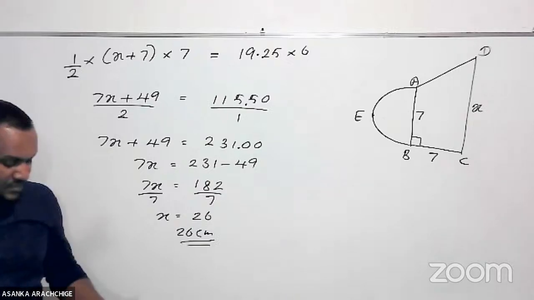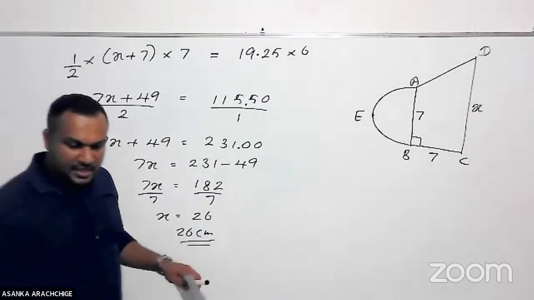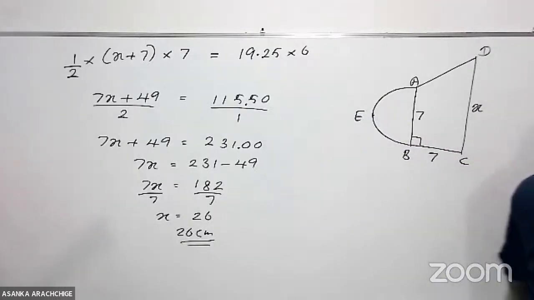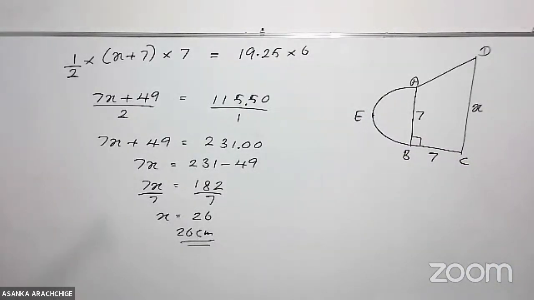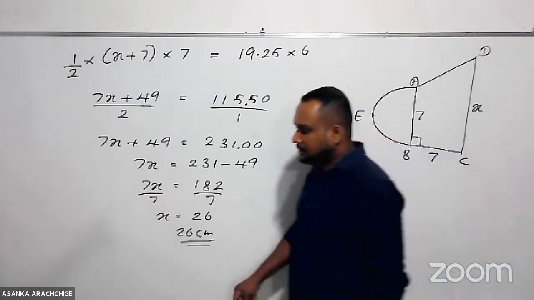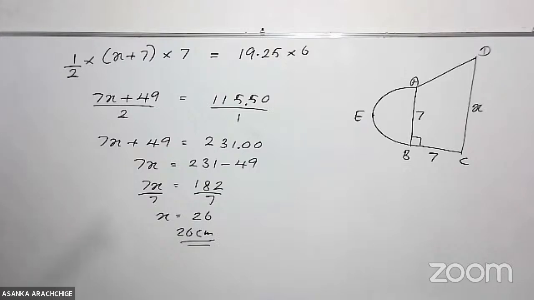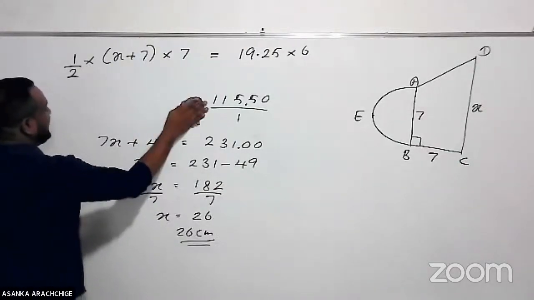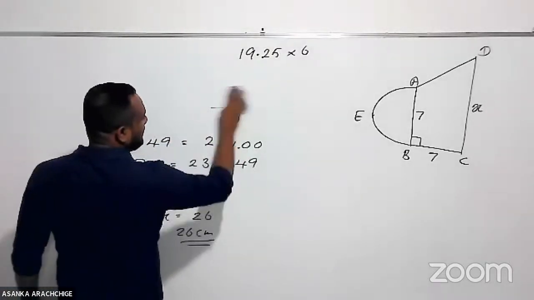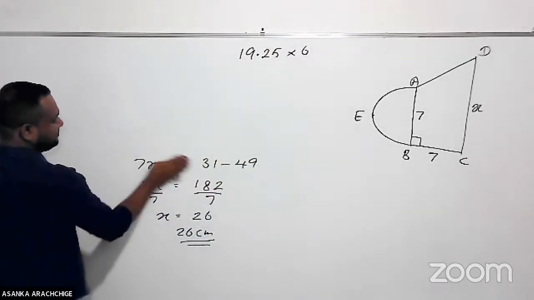Right. Then find the arc length of AEB. How do we find the circumference of a circle?